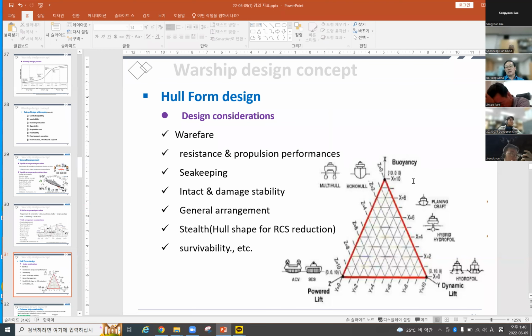As you can see, on this triangle the x-axis shows buoyancy, powered lift and dynamic lift.